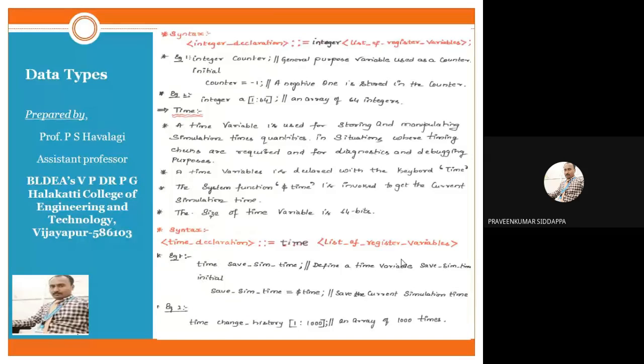Counter is a variable, and whatever data is contained in that counter is integer type. Which value should be contained in the counter? After that we have written initial counter equals -1. So -1 should be present in the counter, which is an integer.